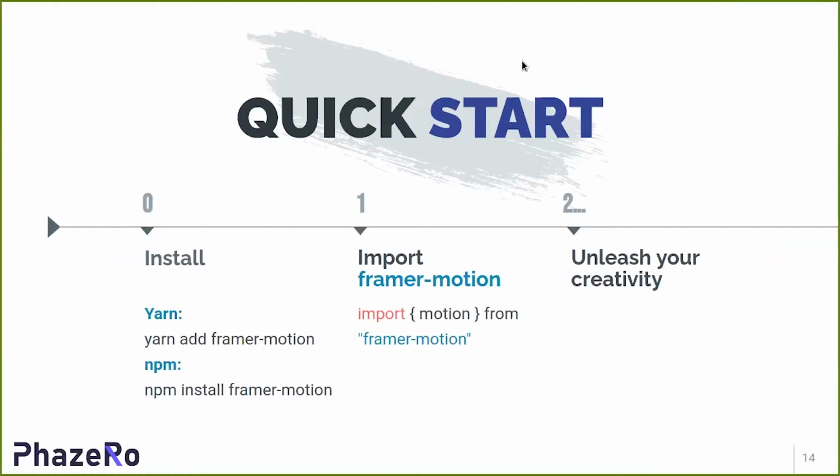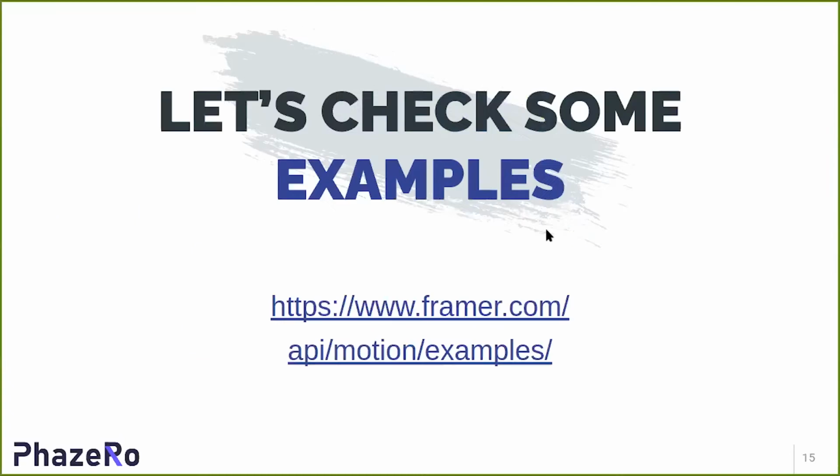Then import the component from framer-motion, for example, import motion from framer-motion. In this case, we import the motion components, and this allows us to turn each element into a motion component. We can also import the different hooks the API provides. And after importing the API, all we have to do is unleash our creativity and make animations as we want.